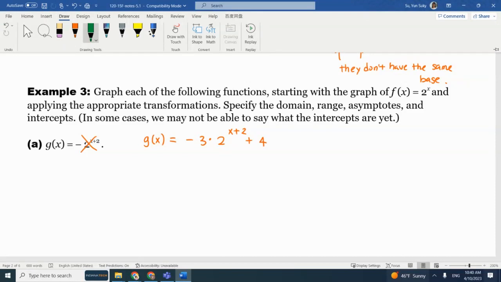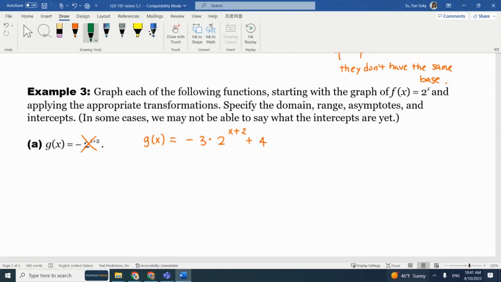Remember what's the order of transformations? What's the first one? Shift, left or right. Left is plus or minus? Plus. And the right is minus. The second one: reflect over the y-axis. The third one: reflect over the x-axis and stretch.